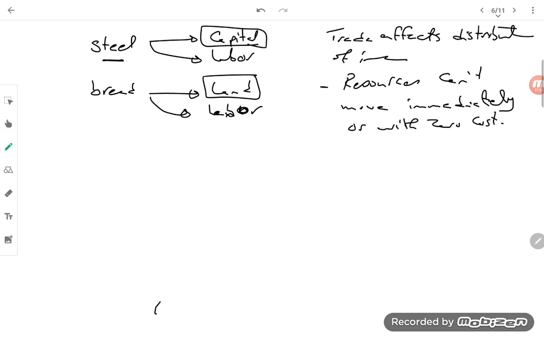And number two, industries differ in their demand for factors of production.